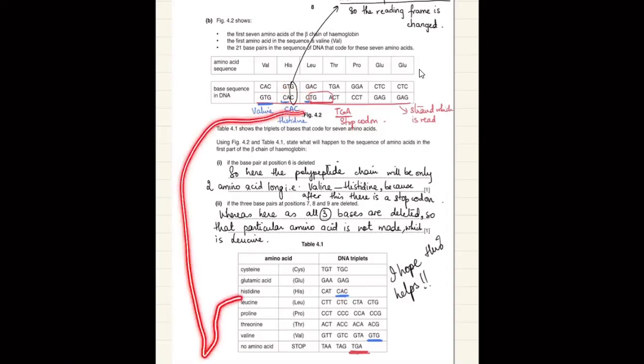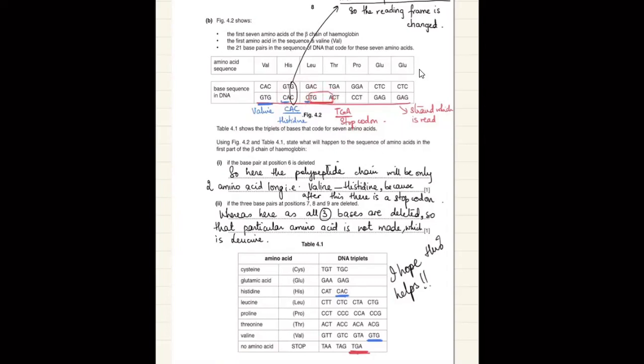If we look up CAC, this is the amino acid histidine. So by that definition, valine will be synthesized, histidine will be synthesized. Okay, our new code now ends here, right? Because we are using this letter to join with this because this has been eliminated. So now our new code will be what? TGA.